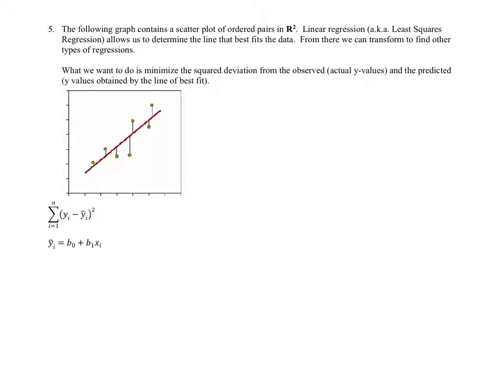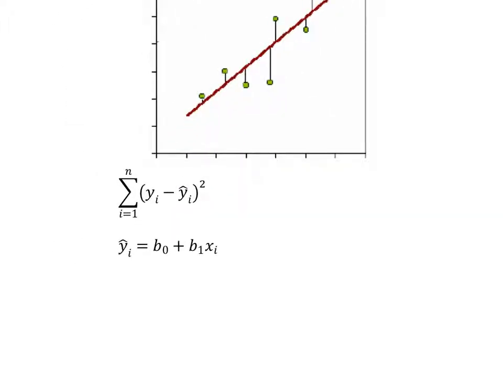Well, we have the linear regression equation that we want, complete with the slope and the y-intercept, and then I have the equation that I want to minimize. All right, so what I'm going to do is define this equation as some function, and that function, because I'm really looking for the slope and the y-intercept, is going to be a function of B0 and B1.